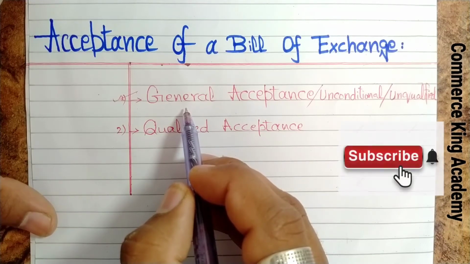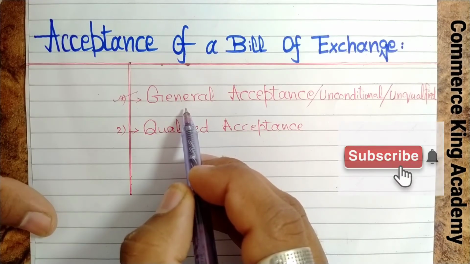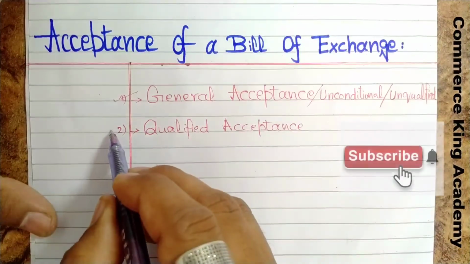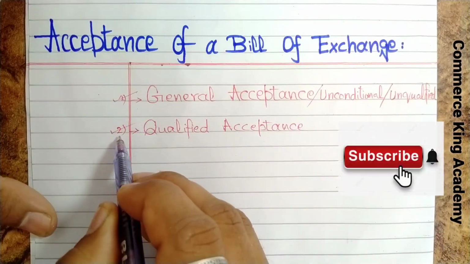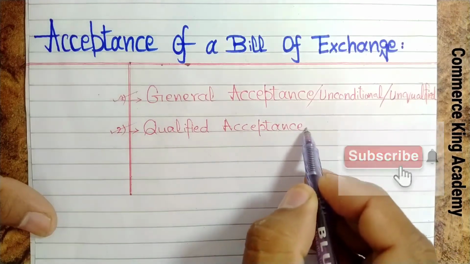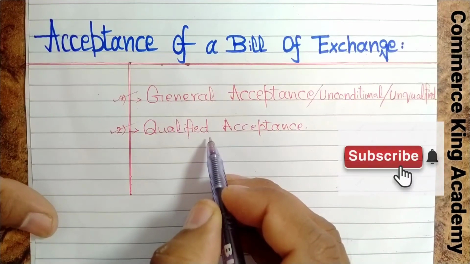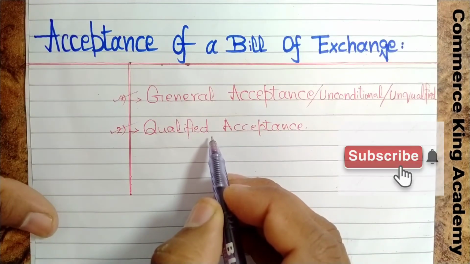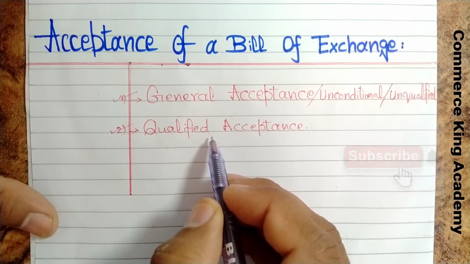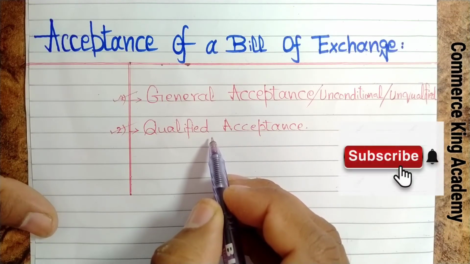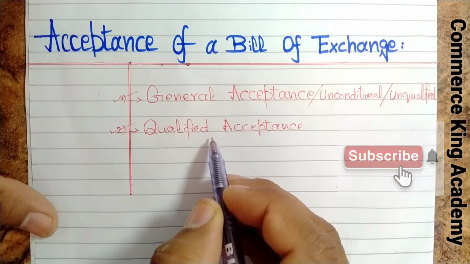So the general acceptance is unconditional and unqualified. On the opposite, the second point is qualified acceptance. When the acceptor puts some conditions while accepting the instrument, the acceptance is said to be qualified acceptance.